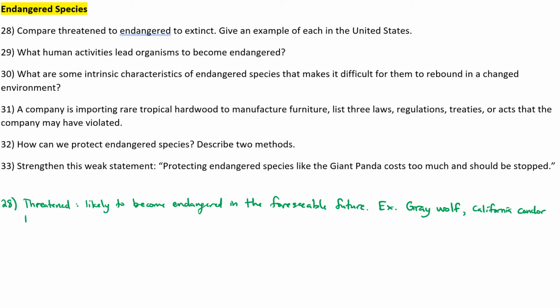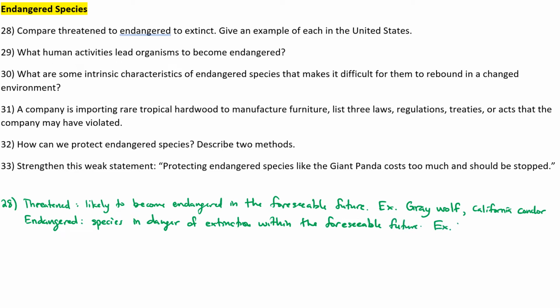Then we have endangered. Species in danger of extinction within the foreseeable future. So examples would be the Florida panther, and then the monarch butterfly.